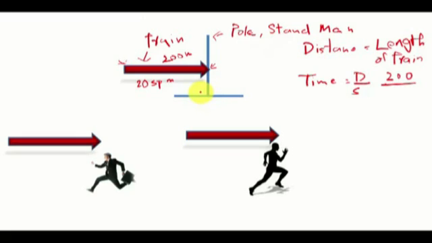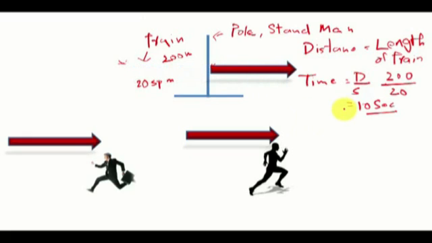Therefore, there is only one speed, and that is the speed of the train. So the speed is equal to 20 meters per second. So how much time will it take to cross the pole? 200 divided by 20, which is 10 seconds. It takes 10 seconds to cross the pole.